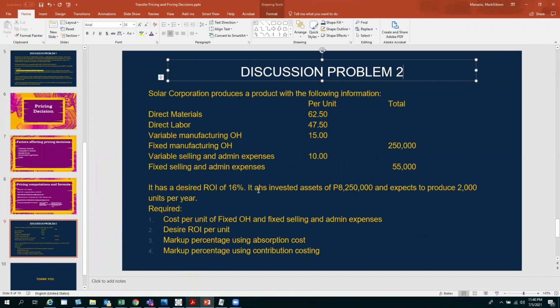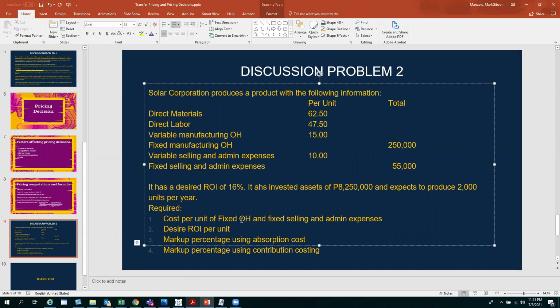Number 1, cost per unit of fixed overhead and fixed selling and admin expenses. Siguro lagay ko lang dito para hindi ka na malito. Though alam mo naman na yan, automatic yan. Pag wala yung manufacturing dyan, alam mo na. Manufacturing overhead. Baka malito ka sa OH, buuin ko na lang. Okay? So that's requirement number 1.